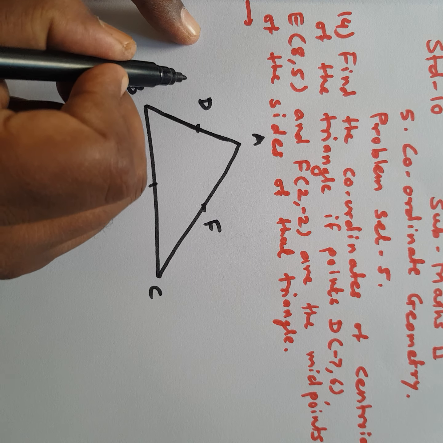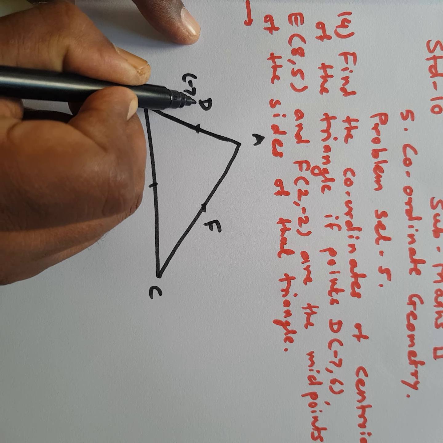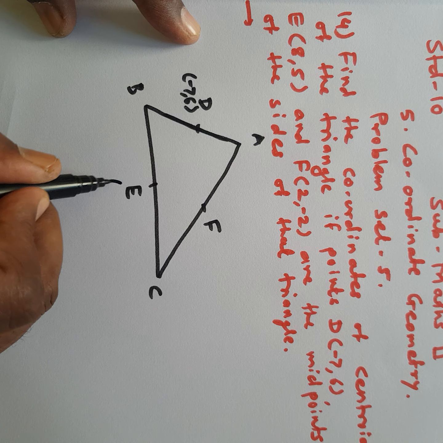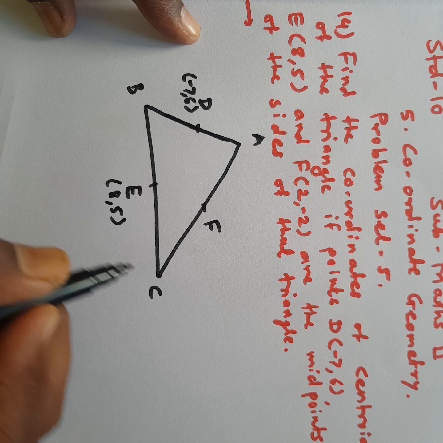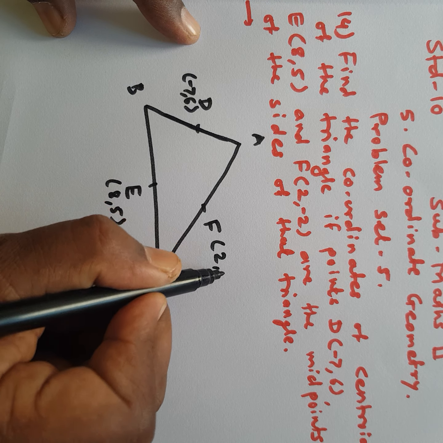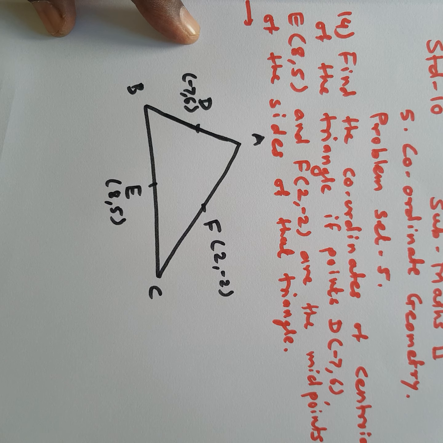Coordinates of point D are (-7, 6), E (8, 5) and F (2, -2). We have to find the centroid.